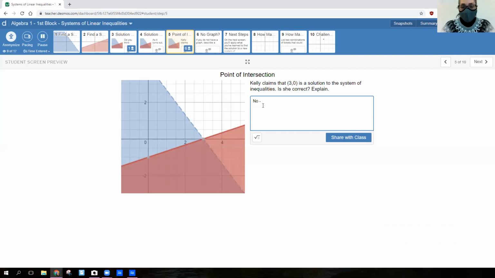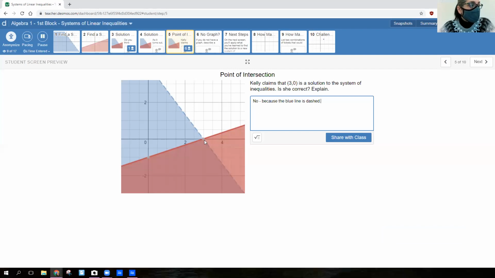Oh, Simon's saying no too. So the reason that's a no is because the blue line is dashed. Remember, I just said that a little while ago. Maybe you were concentrating on your graph while I was talking about that.